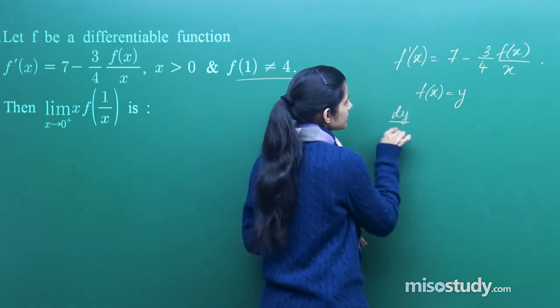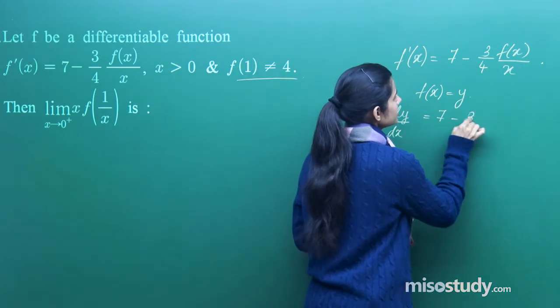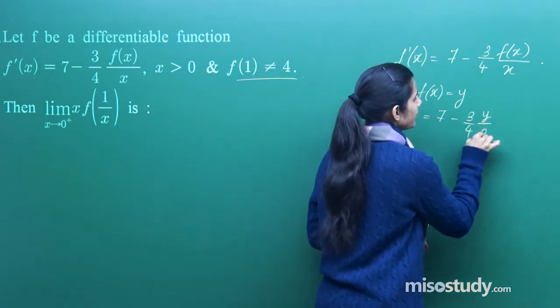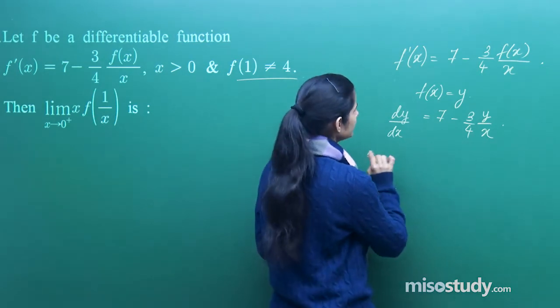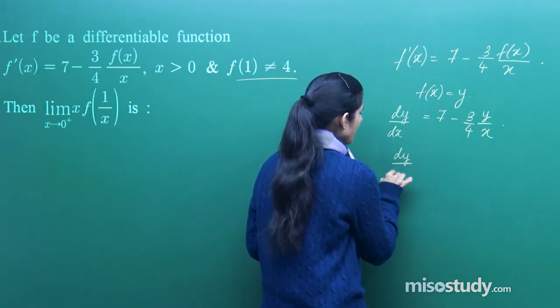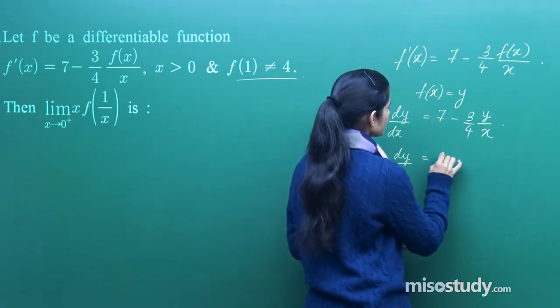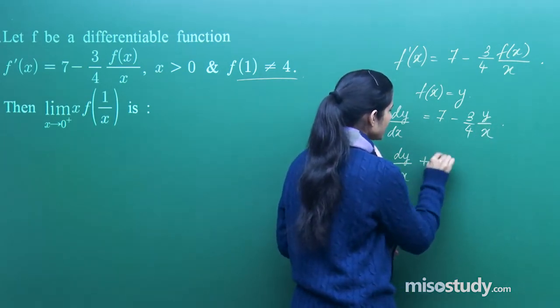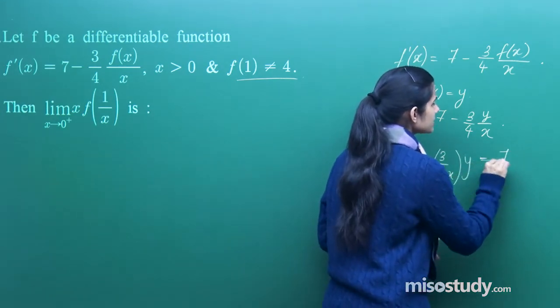dy by dx, right? This will be 7 minus 3 by 4 y by x. Now, try to see this. This is dy by dx equals 7 minus fx by x, okay. So, this is dy by dx plus 3 by 4x into y equals 7.